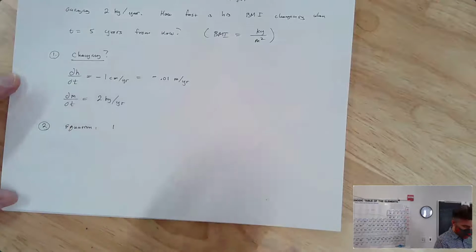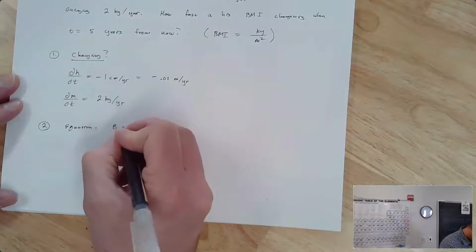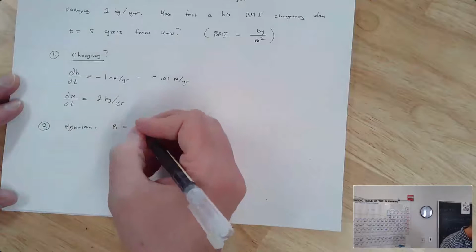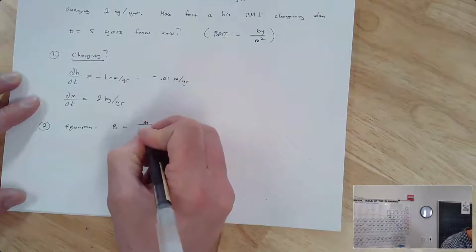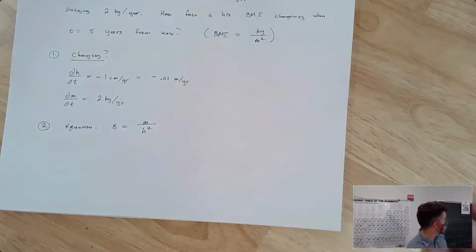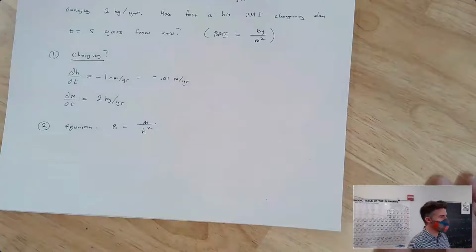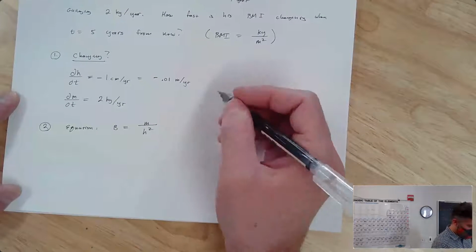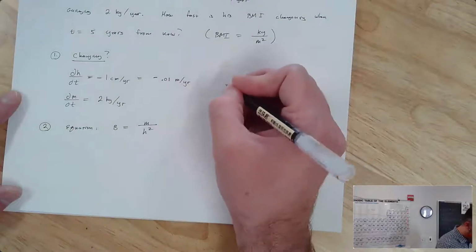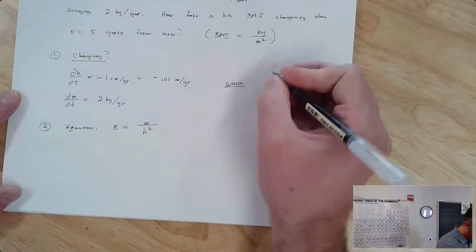Oh, well, we'll get it in a second. So BMI is mass divided by height squared. Again, mass in kilograms, height in meters. And I suppose I forgot to mention here, we know these things and we want to know how my BMI is changing.